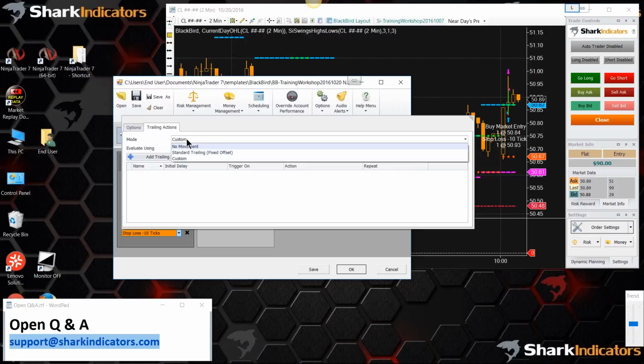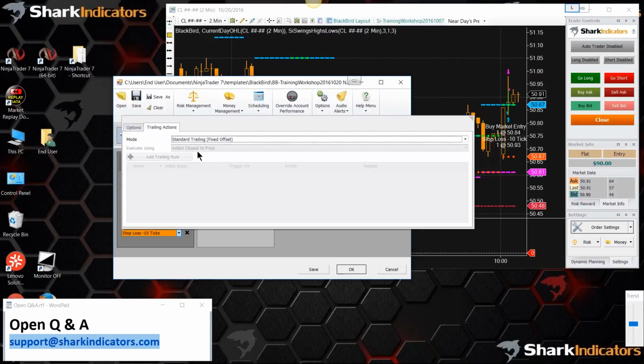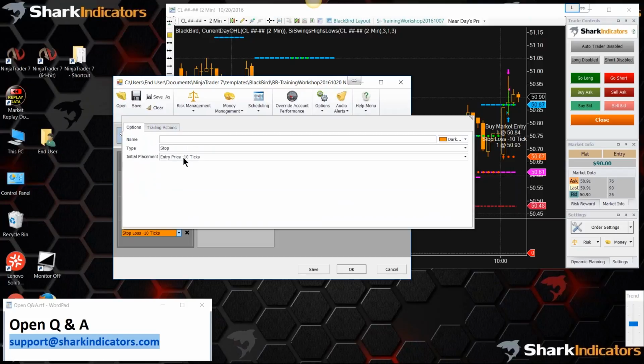So we'll have to set the mode to custom. If you just want a very simple fixed trailing offset, you just put it on standard, fixed trailing, which just means that we're going to trail the stop loss by whatever the initial placement is. So our initial placement is 10 ticks.